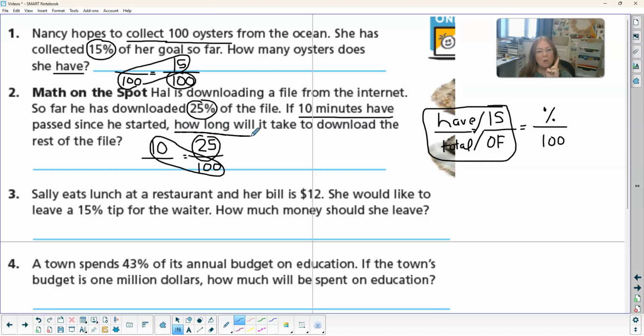It says, how long will it take to download the rest of the file? So here's our total. Whatever this total is, it's been 10 minutes, right? This is our total. It's been 10 minutes. How much longer do they have to get to the whole entire thing? It's a good question. I like it.